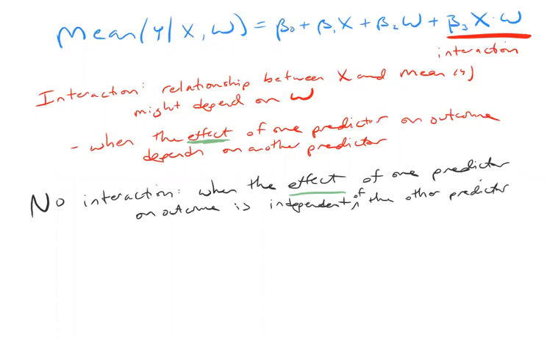So if I try to say this just in a lay way, suppose I'm looking at the relationship between high school GPA and college GPA. It could be the case that if you are a science major, then there's a strong relationship between your high school GPA and your college GPA. Maybe your grades in high school are very good predictors of your grades in college if you're a science major.